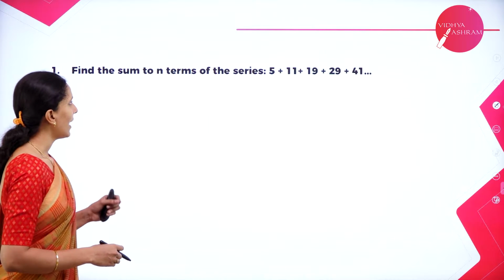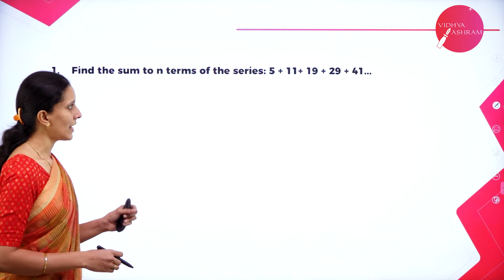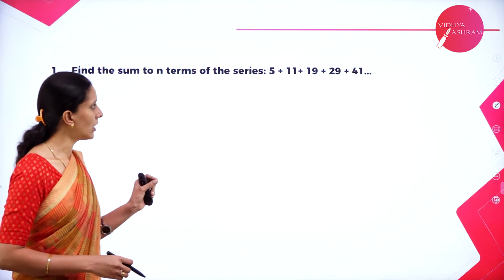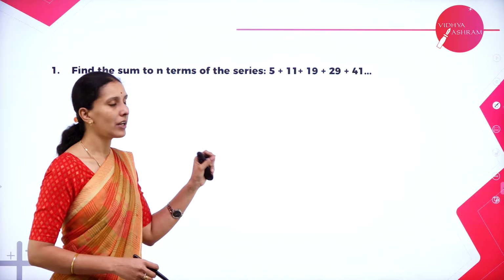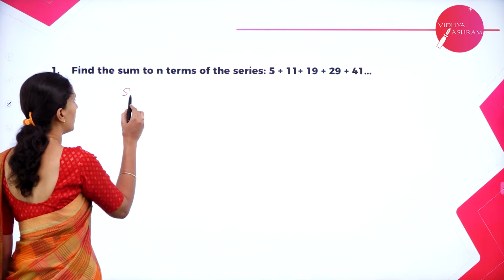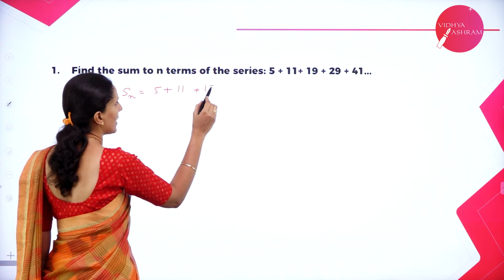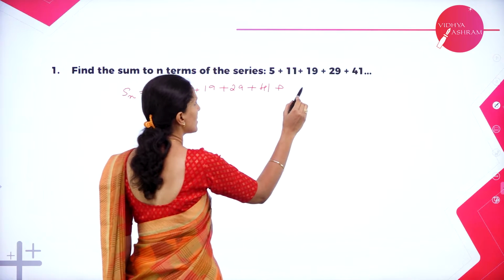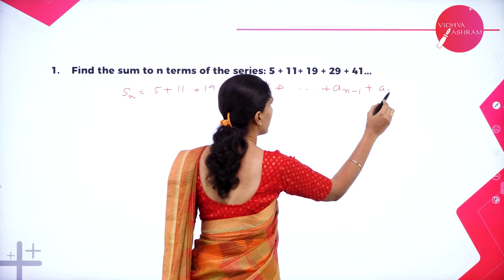Find the sum of n terms of the series 5 plus 11 plus 19 plus 29 plus etc. So we have here the numbers as 5, 11, 19, 29, 41. So let us take Sn is equal to 5 plus 11 plus 19 plus 29 plus 41 plus the last but one term a n minus 1 plus an.